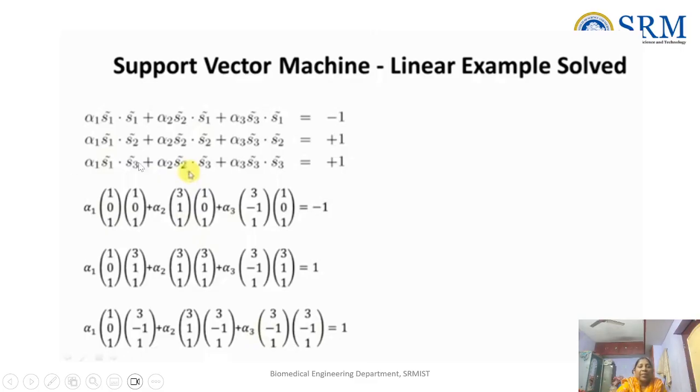Now, according to this, our aim is to identify the unknown values alpha 1, alpha 2 and alpha 3.